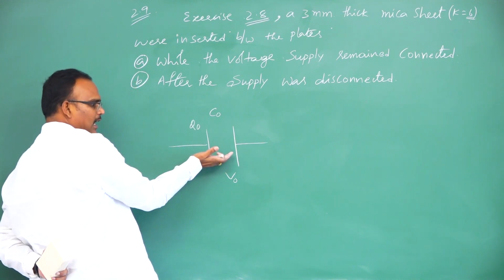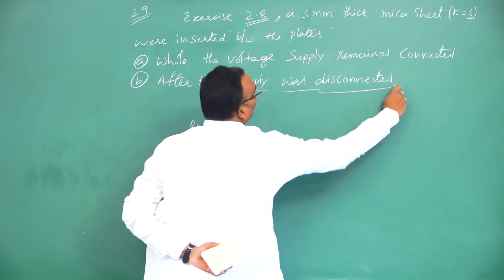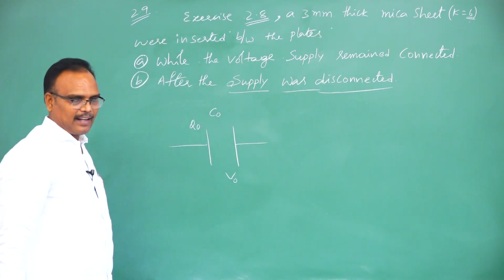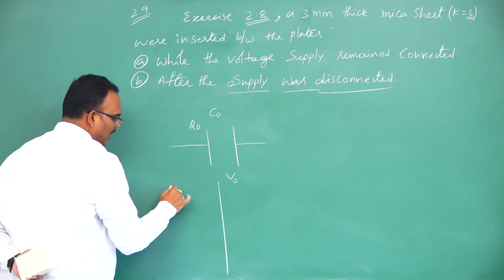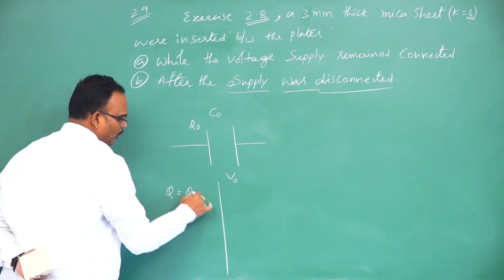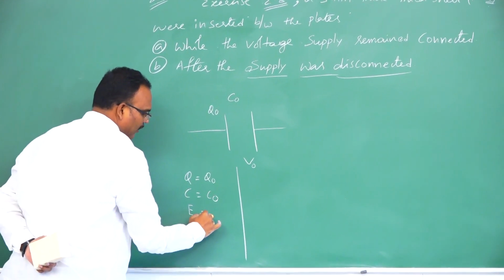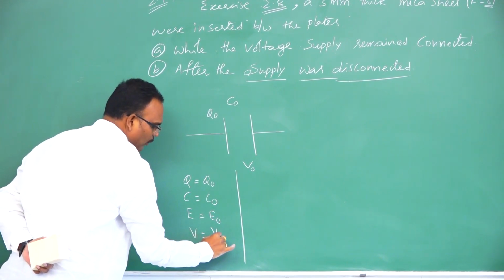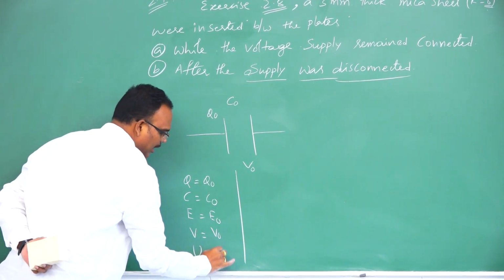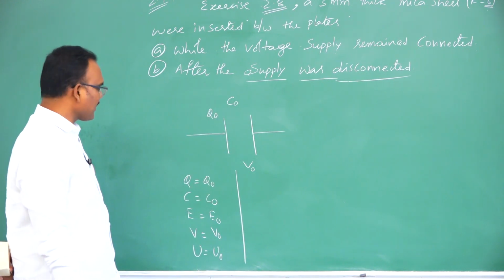We have already charged this capacitor and disconnected the source. The supply was disconnected, the cell is disconnected. That means charge Q is equal to Q naught, capacitance C is equal to C naught, electric field E is equal to E naught, potential V is equal to V naught, and energy is say U naught. These are the initial parameters of this capacitor.